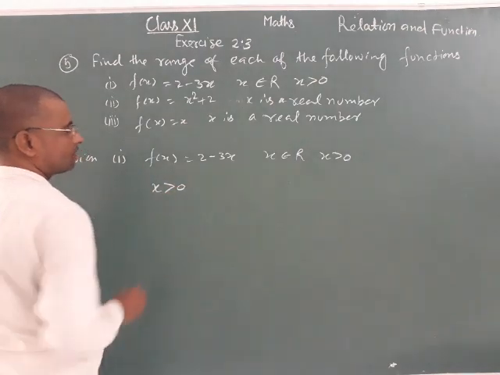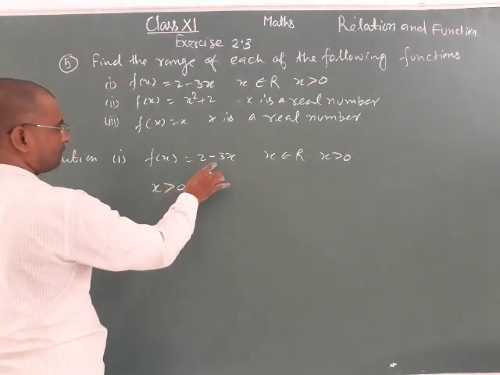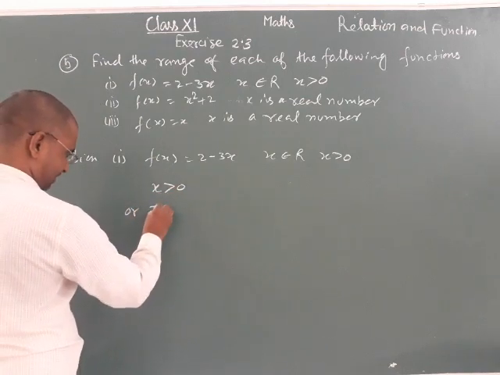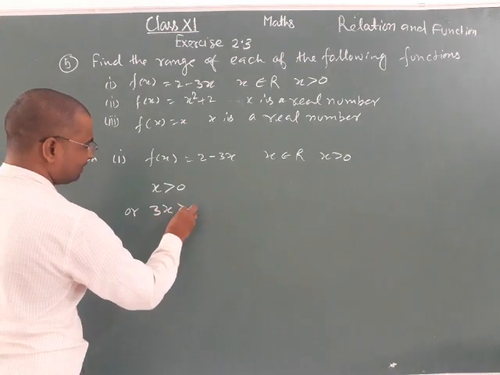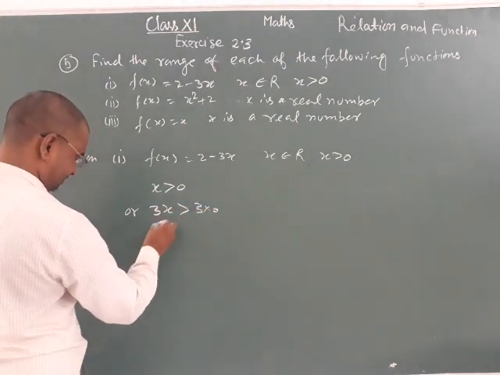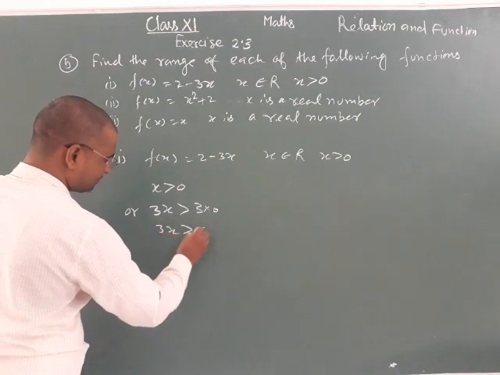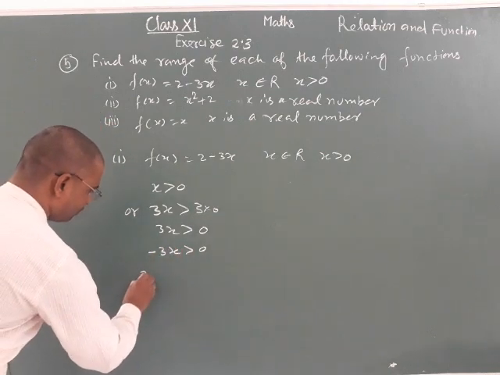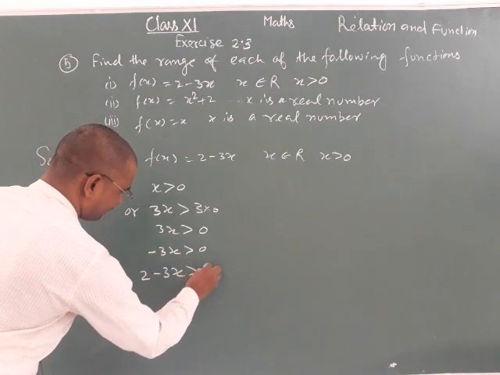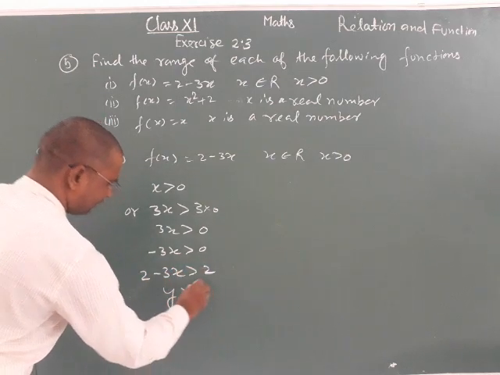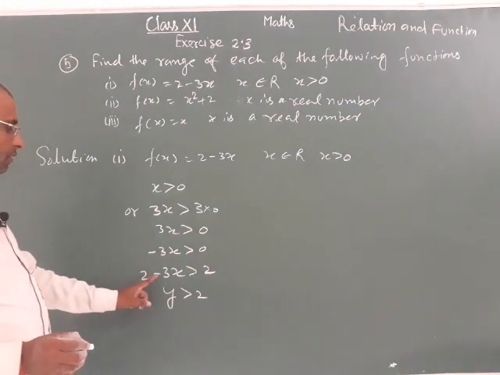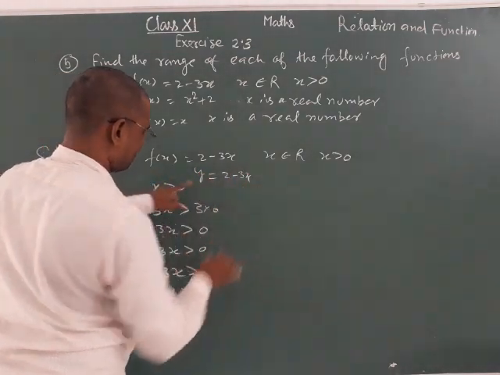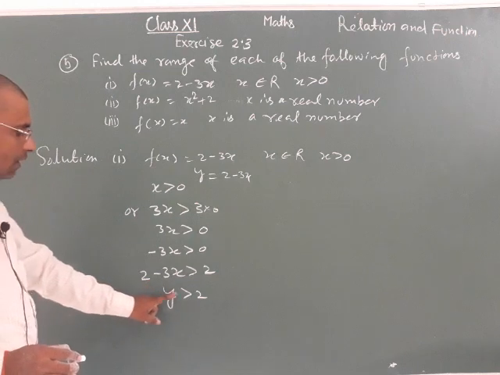Given x greater than 0, multiply by 3 on both sides: 3x greater than 0, or minus 3x less than 0, so 2 minus 3x is less than 2, or y less than 2. Put this value here.